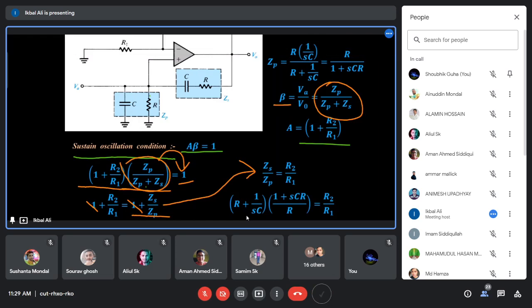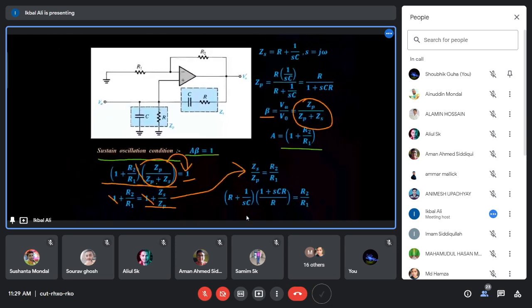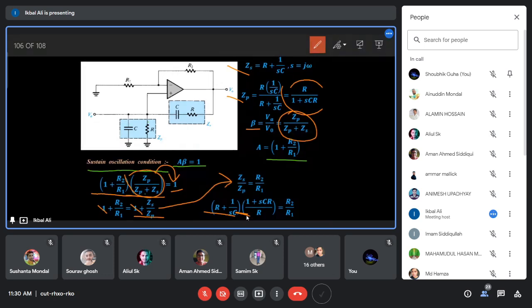Then we have to now put ZS and ZP. So what is your ZS? You see here ZS equals R plus 1 by SC. And what is ZP? The parallel combination of resistor and capacitor. It is R by 1 plus SCR. So you put here 1 by ZP equal to 1 plus SCR by R, and that equals R2 by R1.